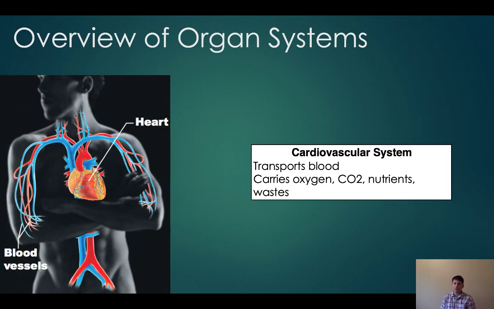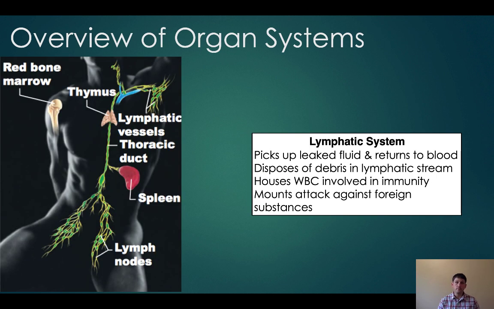Our cardiovascular system is how your body pumps and transports blood, and by doing so, it also pumps and transports gases and nutrients and wastes. The lymphatic system, you can think of like the washing machine of our body. Okay, it's picking up leaked fluid, it's cleaning it, it's scanning our body for anything that is pathogenic.